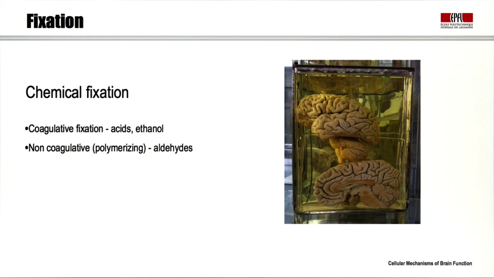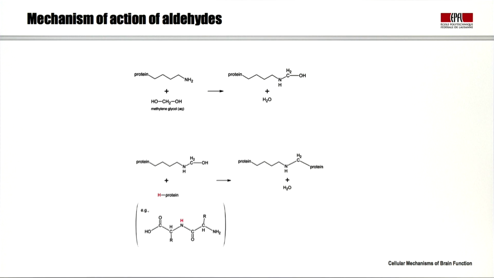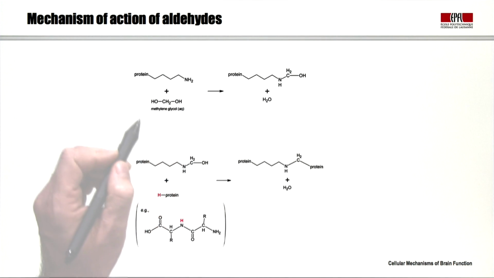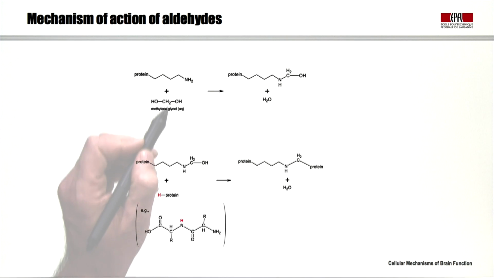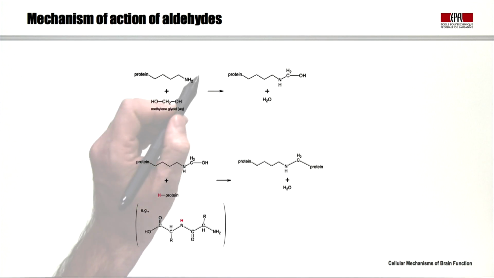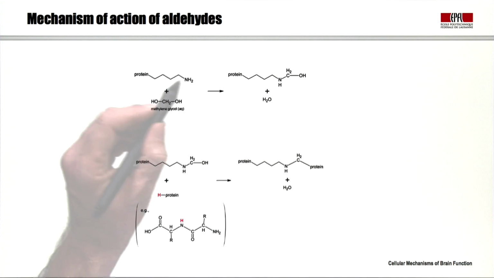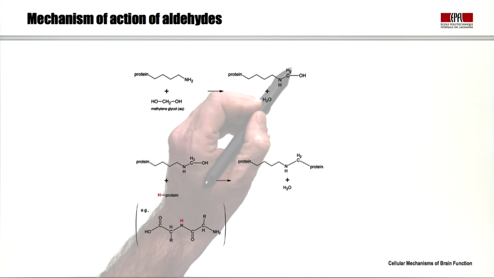This clears out all the blood, and it provides fixative directly to the tissue, very, very quickly via the capillary beds. So let's have a look at how aldehydes fix biological material, and essentially they polymerize proteins. Here we have the paraformaldehyde molecule, which in water forms this methylene glycol compound. This then interacts with the amine groups that are found on proteins to form essentially a methylene bridge.